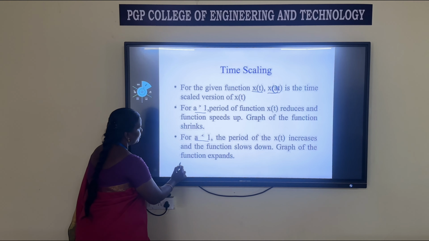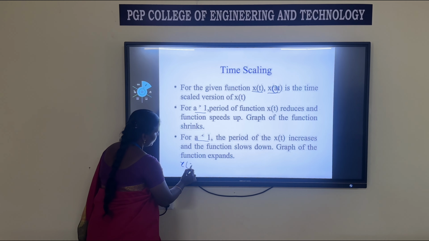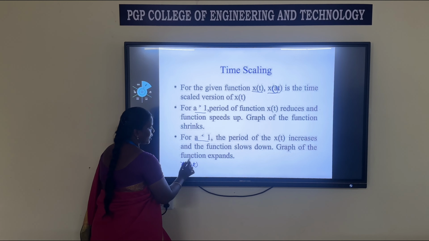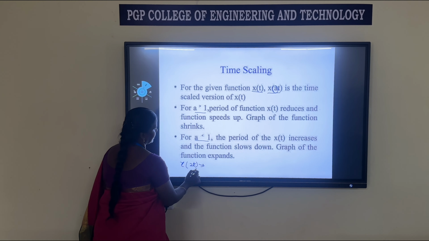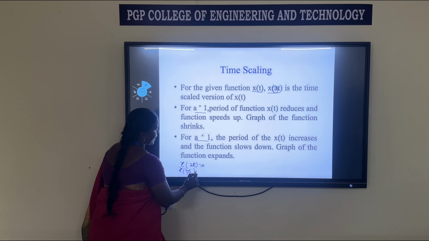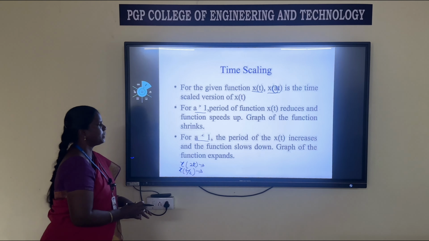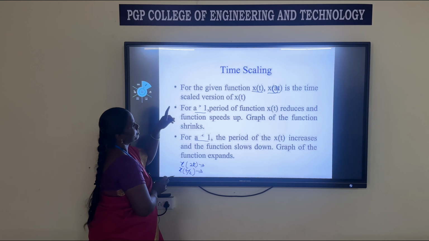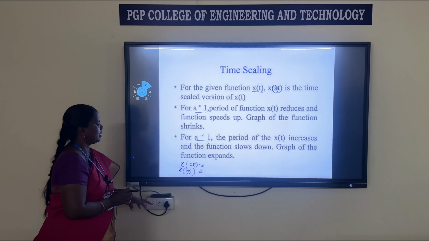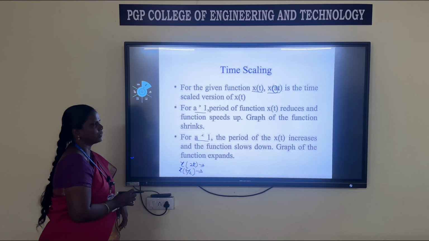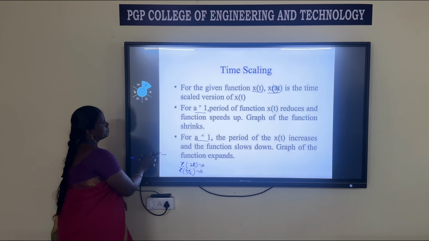For example, x of 2t compresses the signal, so the speed increases. X of t by 2 expands the signal. Actually, the multiplication operation performs compression, and the division operation performs expansion.